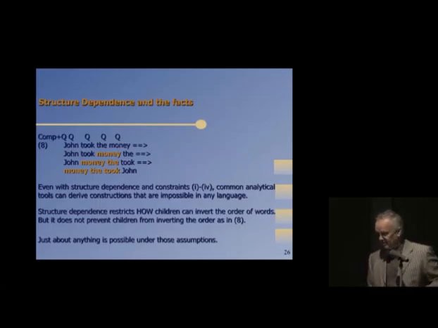So let's take a simple example. Assume, therefore, that you have the sentence, John took the money, and that it has an initial comp with a Q feature, and that the Q features spread over each constituent and word. So John has a Q, took has a Q, the has a Q, and money has a Q. So you start your derivation. Well, money, the lowest element in the structure, has a Q feature.